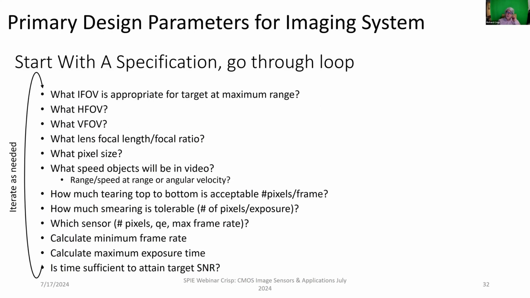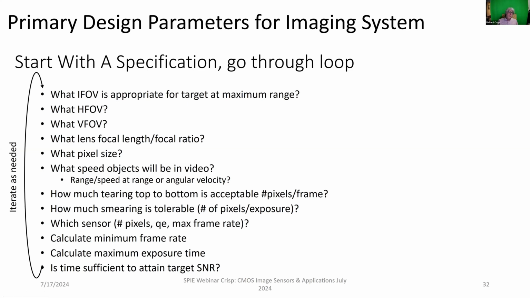You start with an instantaneous field of view that's appropriate for the target, and decide how big of a horizontal field of view you want and what the vertical field of view is you'd like. Lens focal length, focal ratio, pixel size, are the objects moving at high speed or whatever? How much distortion can you tolerate top to bottom, and so forth.